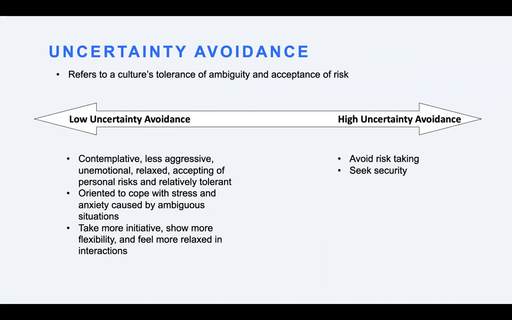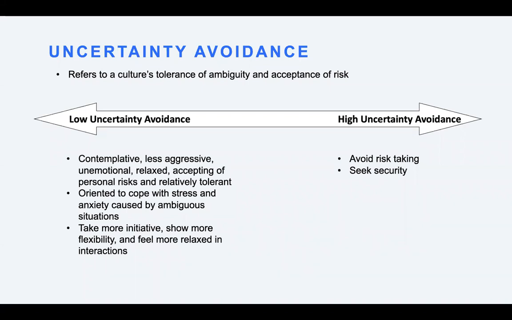The dimension of uncertainty avoidance reflects a culture's tolerance for ambiguity and acceptance of risk. High uncertainty avoidance cultures have a high need for information and certainty, and members are actively security seeking. These cultures also tend to be collectivistic.